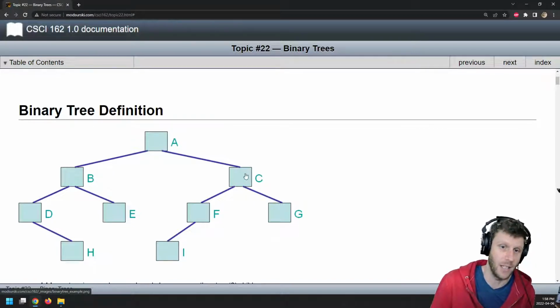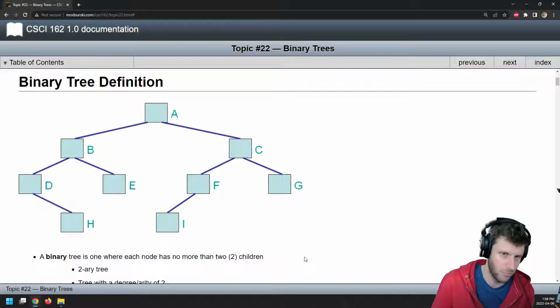C, A's right child, is also the root of the right subtree, okay?